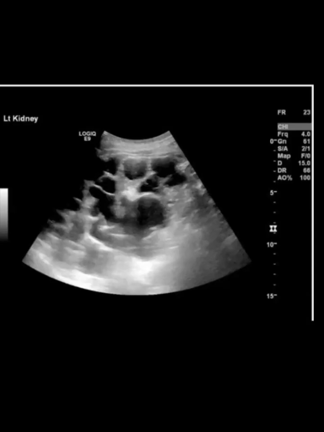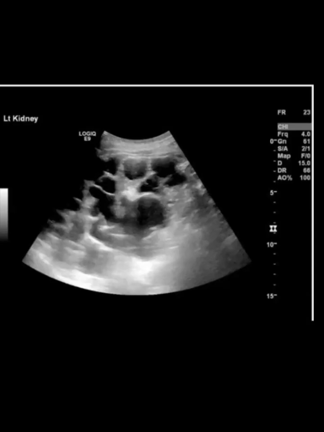In the revised unified criteria, between the ages of 15 to 39, when the patient has a family history, we should have a total of 3 cysts in both kidneys, either in one kidney or the other.